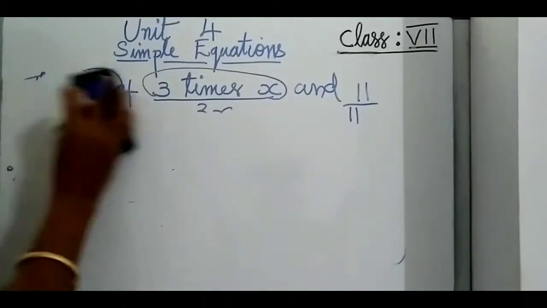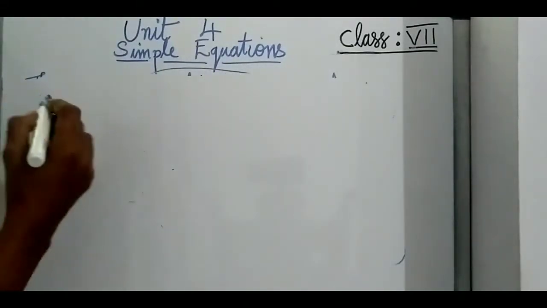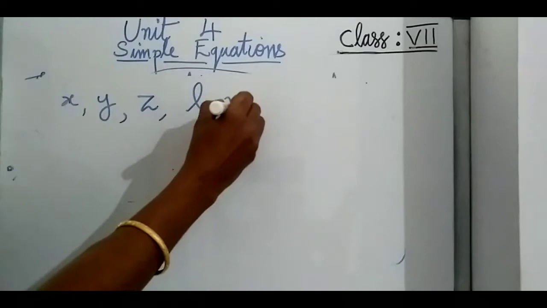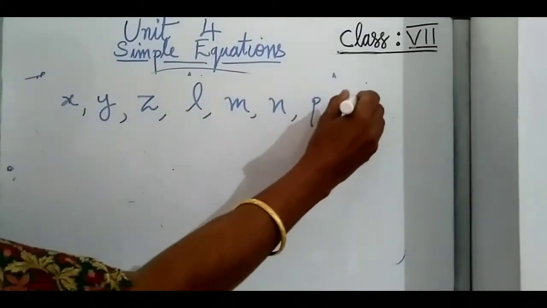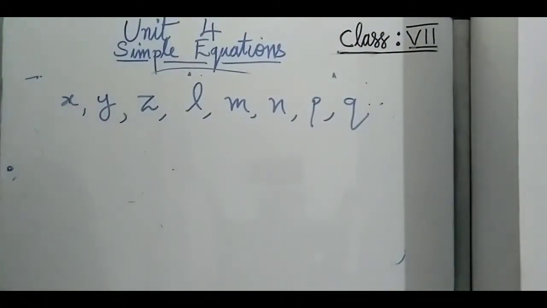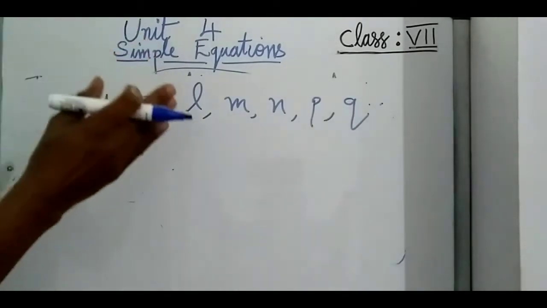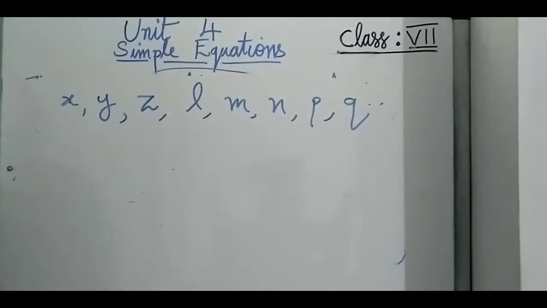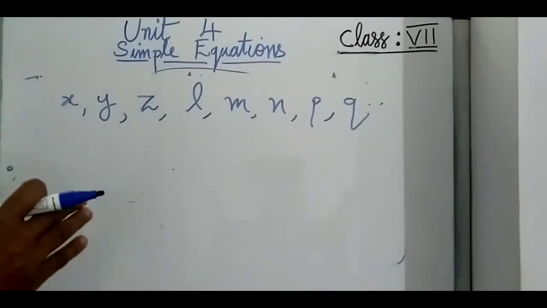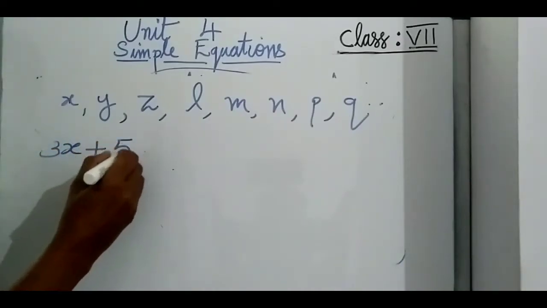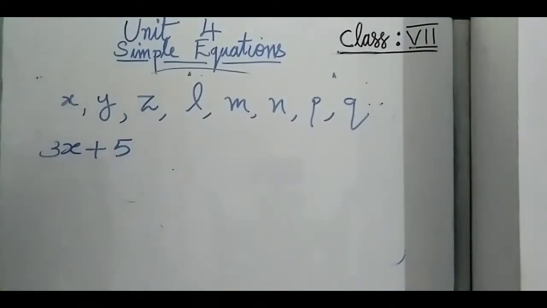We can use any alphabet, but usually we use variables such as x, y, z, l, m, n, p, q, etc. So variables are denoted by letters of the alphabet such as x, y, z, etc. From the variables we form expressions, as we have already seen, like 3x plus 5. From the variables we can write algebraic expressions.